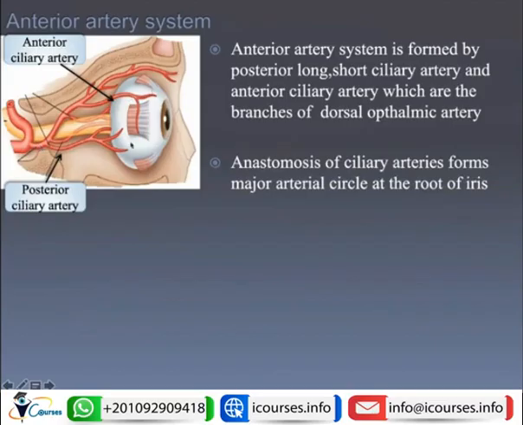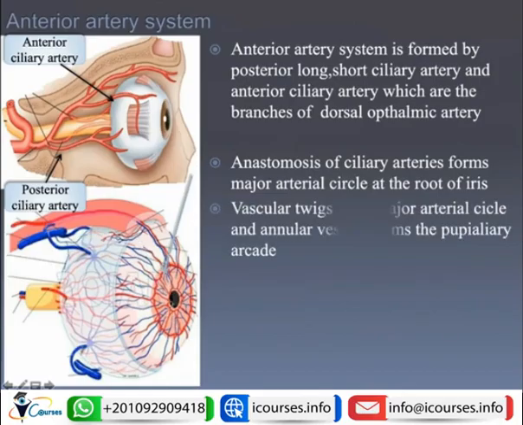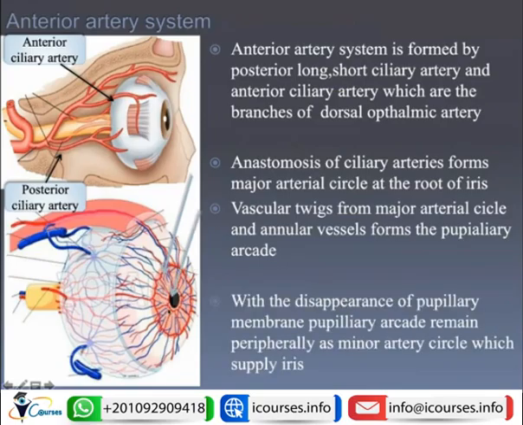These arteries, the anterior ciliary arteries and the long posterior ciliary arteries, will form a major arterial circle at the root of the iris within the ciliary body, as we said before. So you remember the major arterial circle or circulus iridis major. This will be responsible for supplying the anterior segment of the eye. When the pupillary membrane disappears, there will be the remaining minor arterial circle, which will be supplying the iris only.